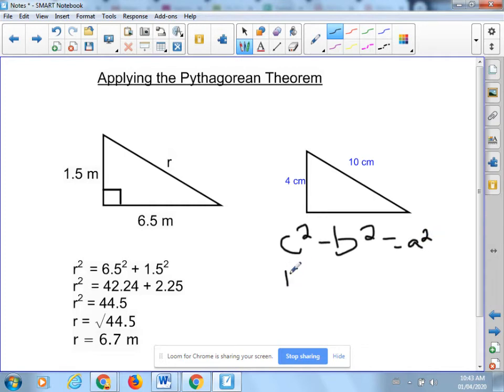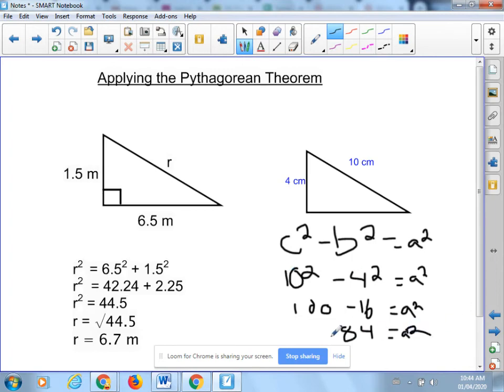So we've got 10 squared, because your c has to be your hypotenuse, the longest side of your triangle, minus 4 squared equals a squared. We've got 100 minus 16 equals a squared. That gives us 84 is equal to a squared.